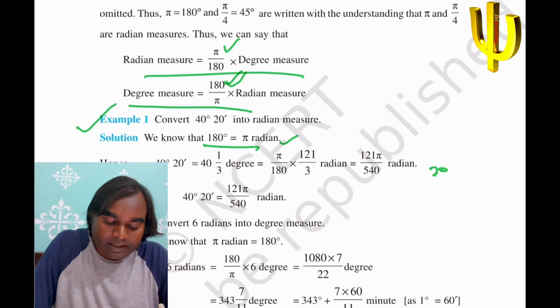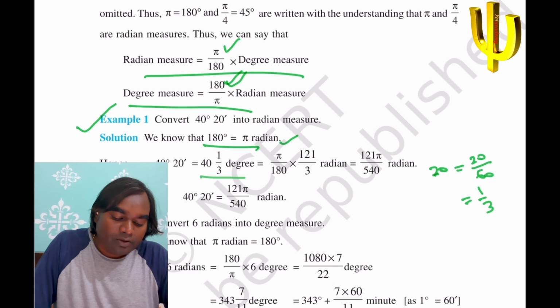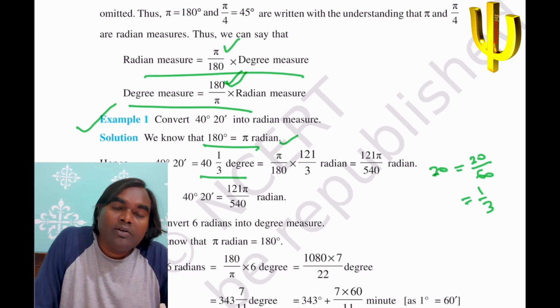For 20 minutes we will convert by dividing by 60, that will be equal to 1 by 3 degree. So that means 40 plus 1 by 3 degree, and that is equal to pi by 180 into 121 by 3 radian. How?